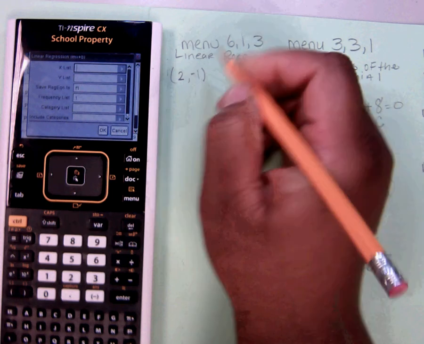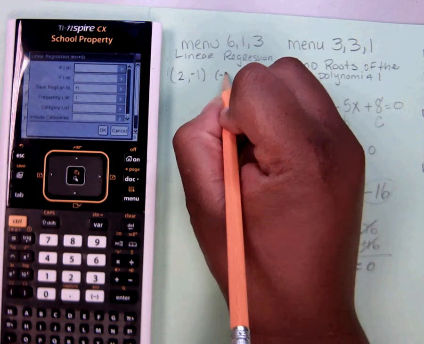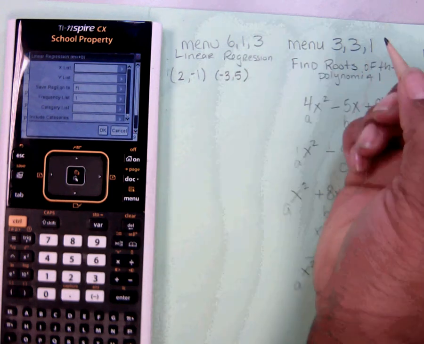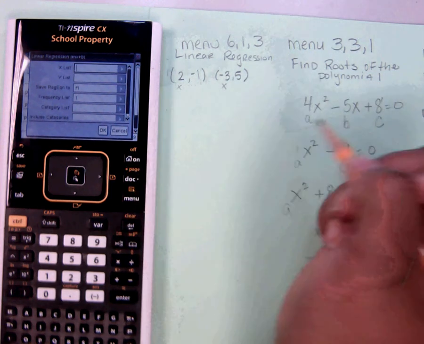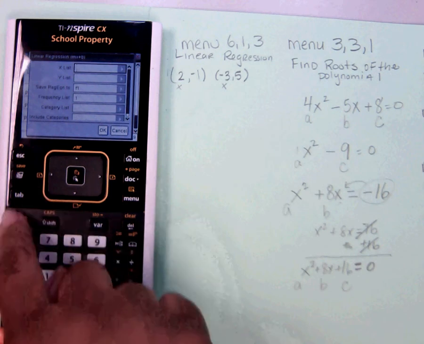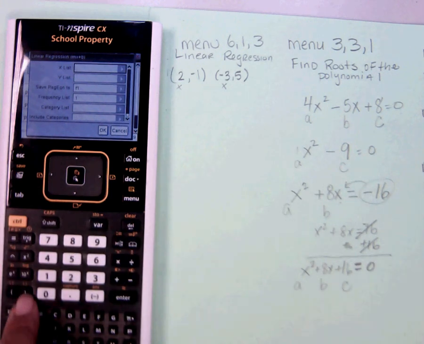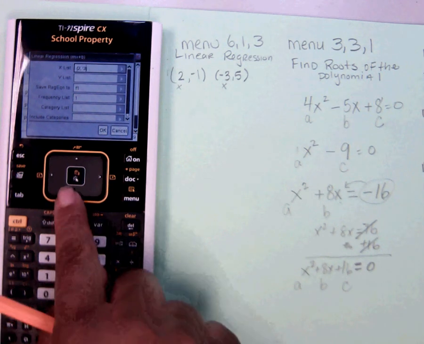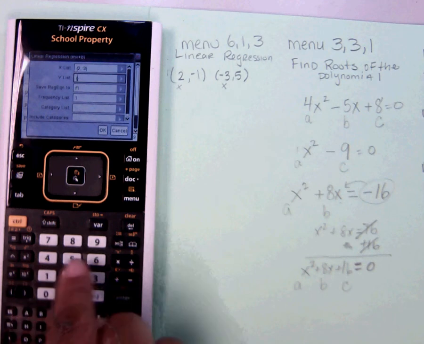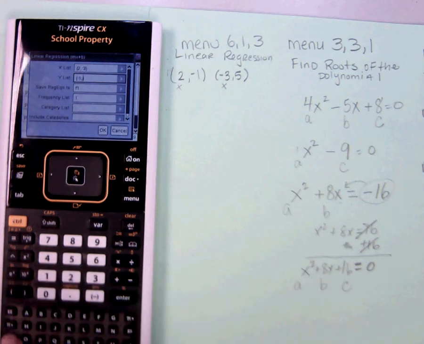Okay, so these are my x values, so they go first. I have to use, don't forget, not the parentheses, but we call them the squiggly lines, the brackets. So 2, -3, and then we do -1, 5.